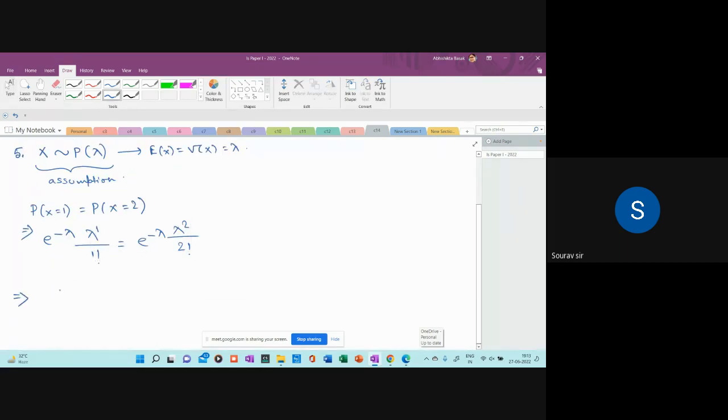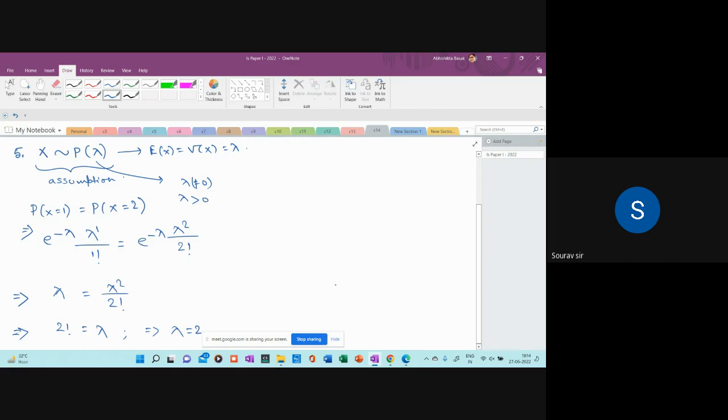That implies lambda is equal to lambda square by 2 factorial. Since lambda is a parameter which is not equal to 0, and we assume that lambda is greater than 0, hence 2 factorial is equal to lambda, and that implies lambda is equal to 2.